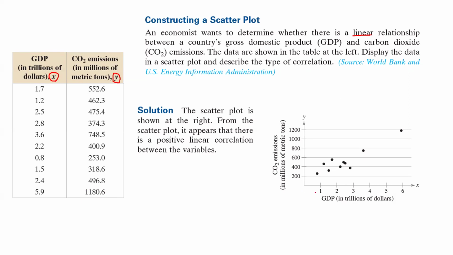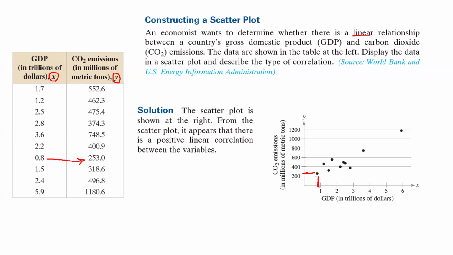The very first point is related to 0.8 and 253. 0.8 is roughly here, and 253 is about here. If you connect these two together, you get the first dot.